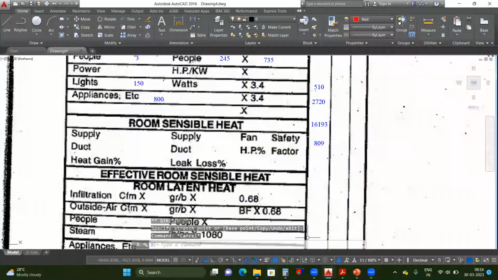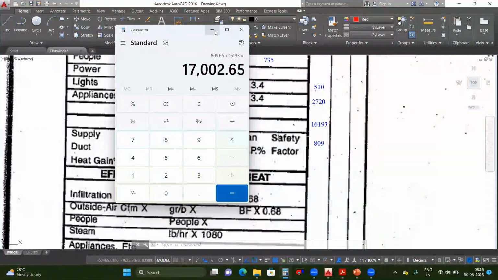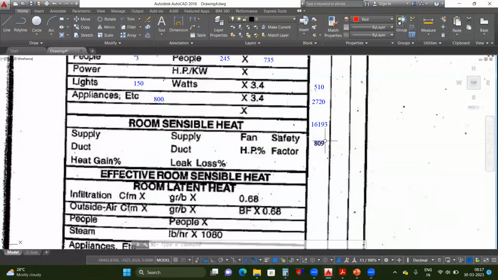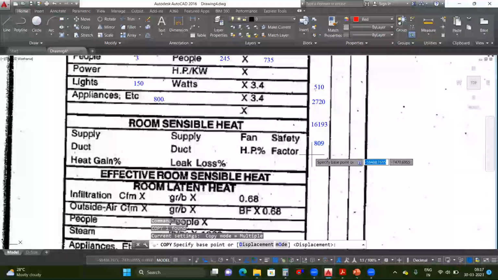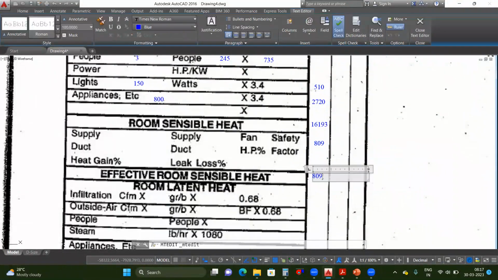When we add both, 809 plus 16,193, we will get 17,000. This is our final effective room sensible heat.